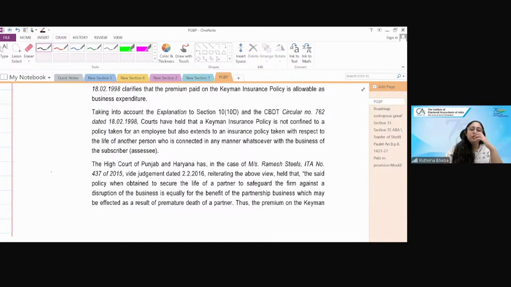I don't remember if you guys were here when, in the first class of the PGBP, a friend of yours asked the question whether it would be a business expenditure or not. The question was: the company paid travel expenditure for the wife of a director who came along with him for a business event in which it was mandated to come with your partner.